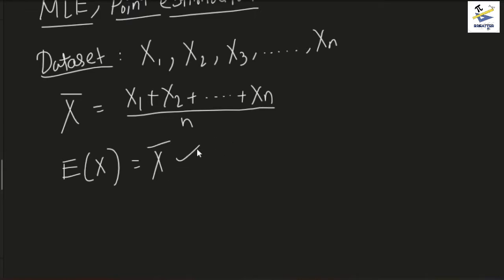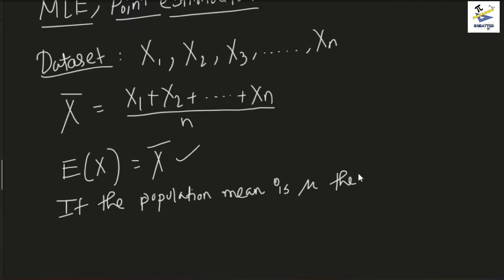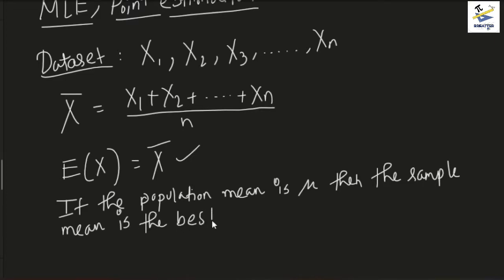And this sample mean is the best estimator for the population mean. So if the population mean is mu, this means that the expected value of x bar is simply equal to mu.